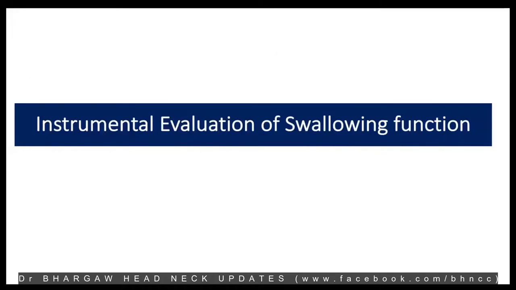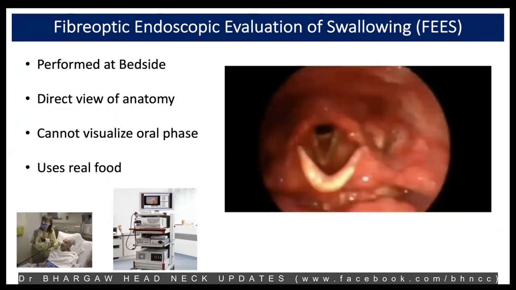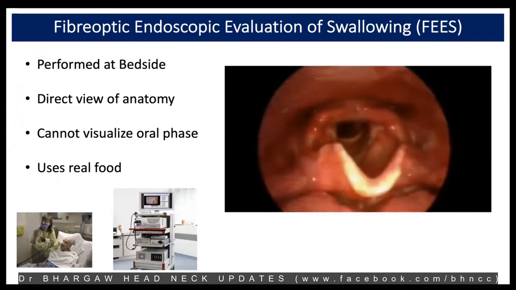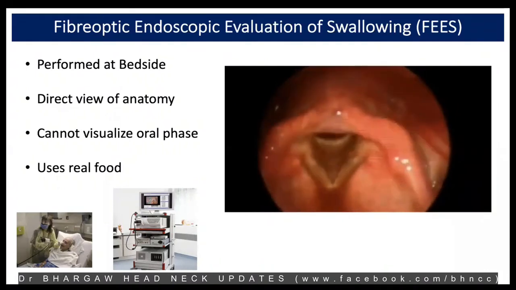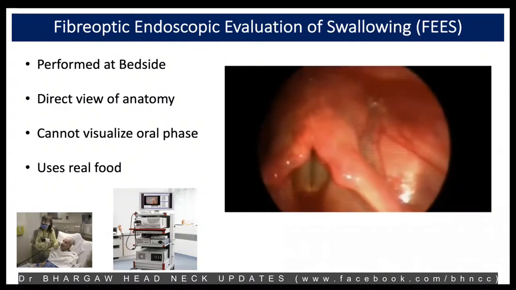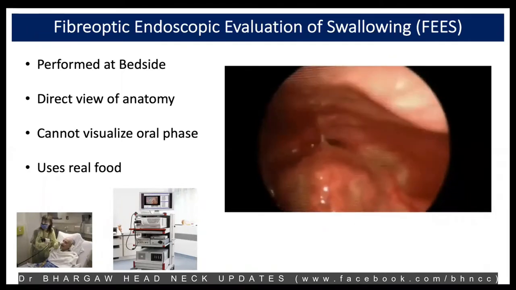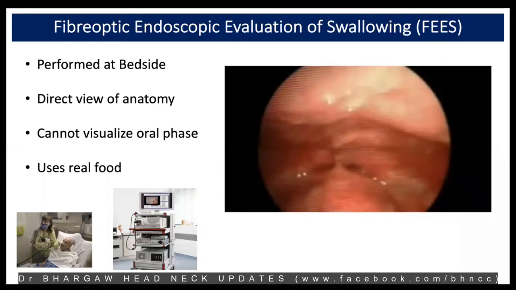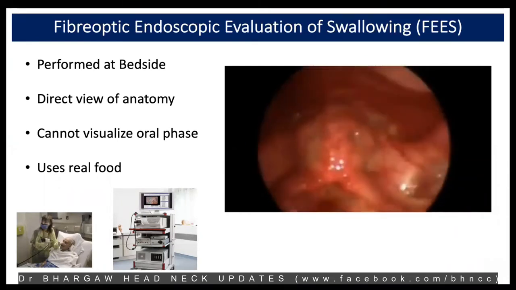Next, we come to instrumental evaluation of the swallowing function. The most commonly done is the fiber optic endoscopic evaluation of swallowing, or FEES. It is usually done with a flexible endoscope, and the advantage is that it could be performed at the bedside or the outpatient clinic. You get a direct view of the patient's luminal anatomy.